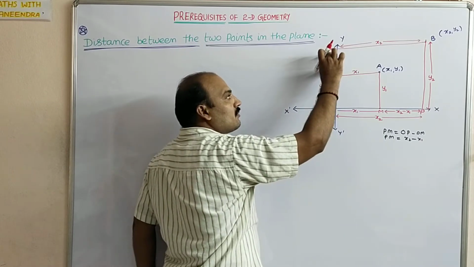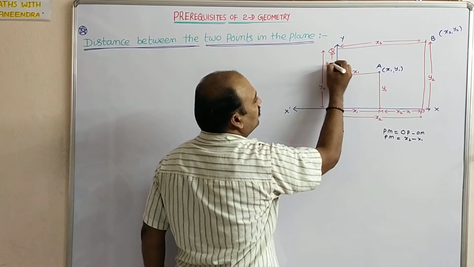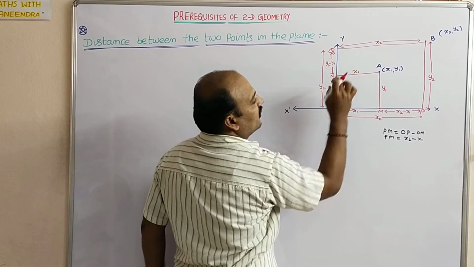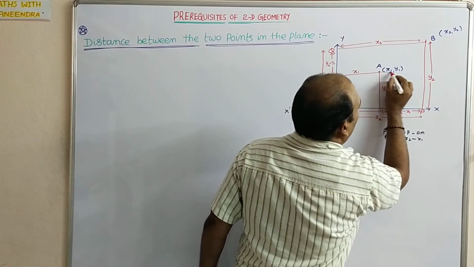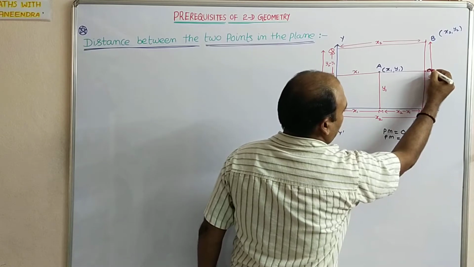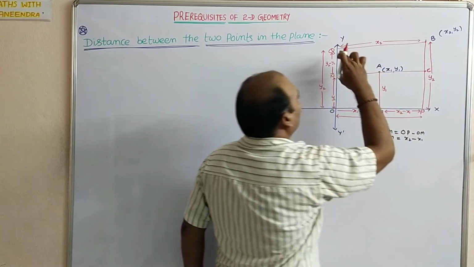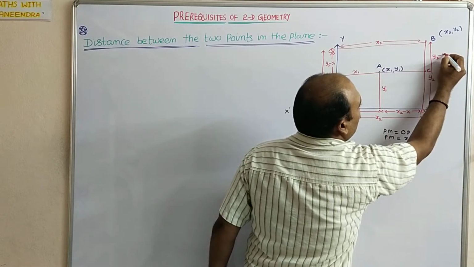So the distance from Q to N is y2 minus y1. Since this distance is the same, if you join like this, take some point C. Even QN is equal to BC, this value is also y2 minus y1.